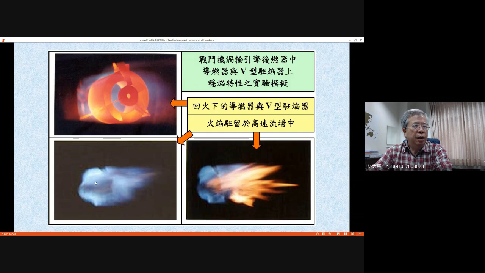You can see there is a blue flame stabilized in the downstream of your afterburner, and also stabilized behind the V-gutter. Those are different kinds of burning structure. Actually, we increase the supply of propellant, then the flame becomes richer, and you can produce a yellow flame. This is a typical experiment for the burning in the afterburner.